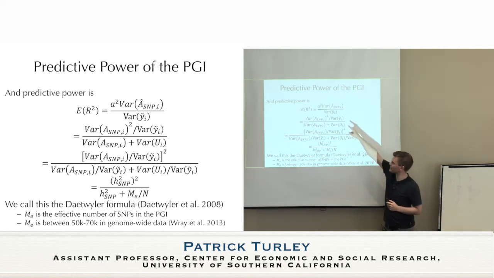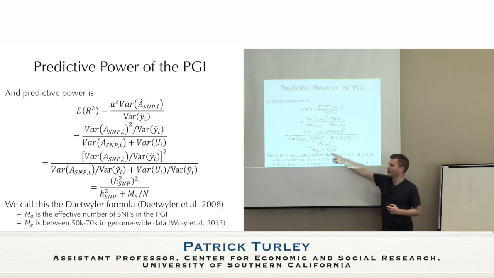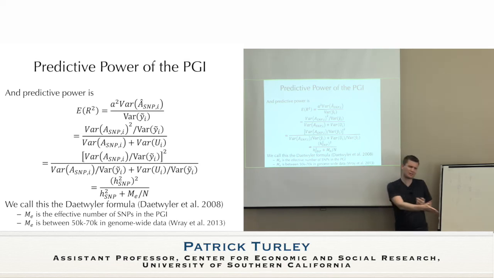Well, in principle, it's going to look like this, just looking at this equation here. But I don't know. Including rare variants would increase ME a little bit, I suppose. I don't have a good sense of how ME has changed based on the set of SNPs. It used to be that we used only quite common SNPs, like greater than 5%, and now we go down to like 0.1%.